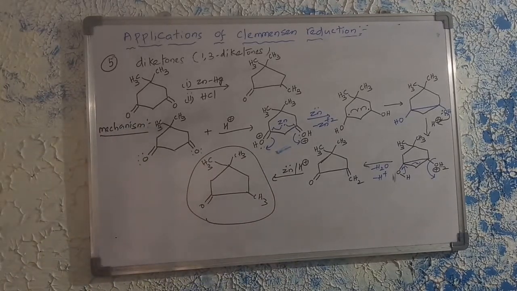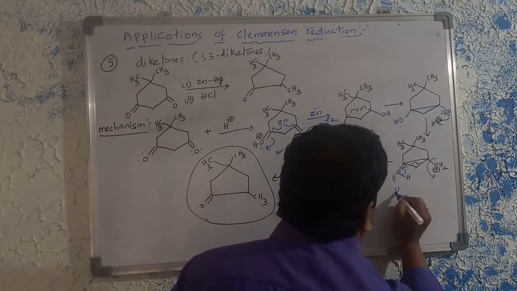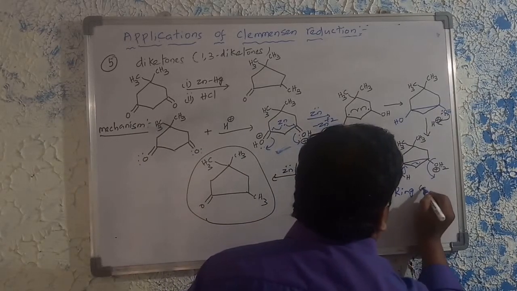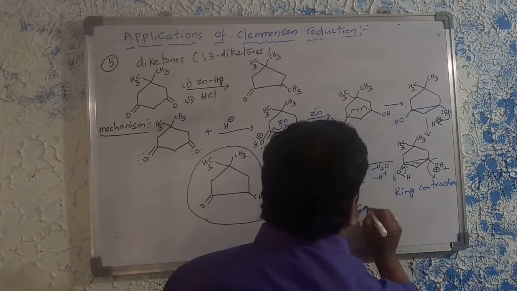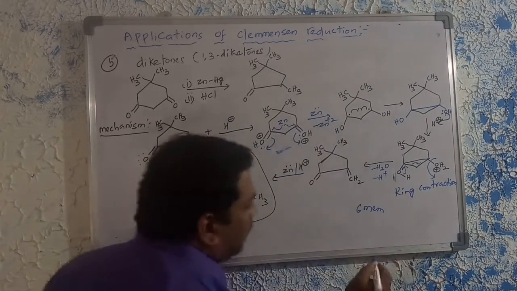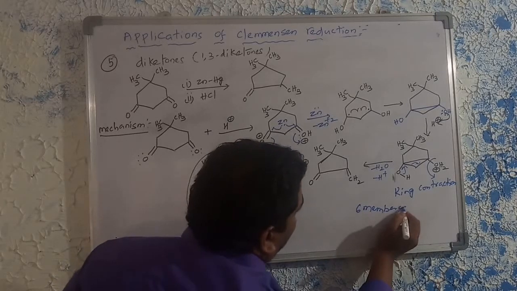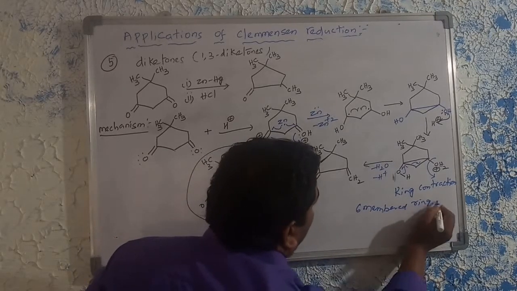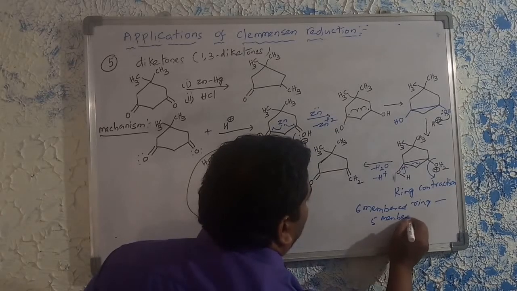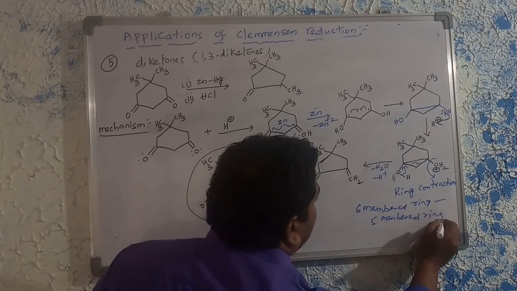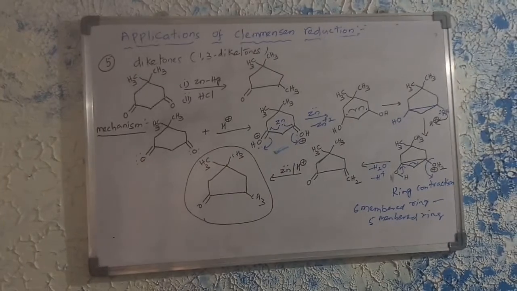Here a ring contraction takes place. Ring contraction. So a six-membered ring is converted into a five-membered ring.